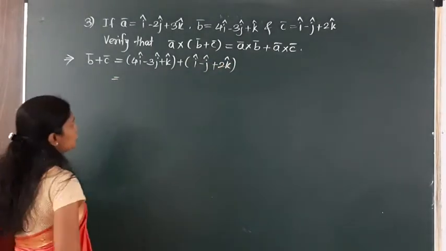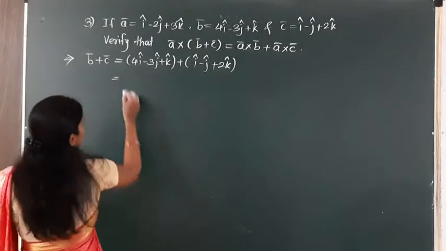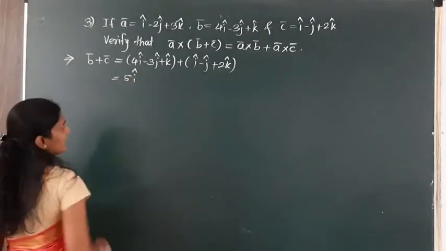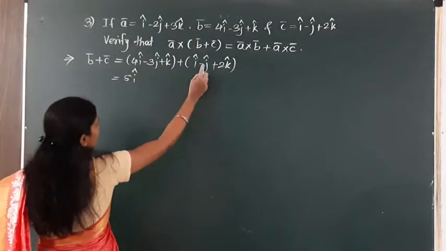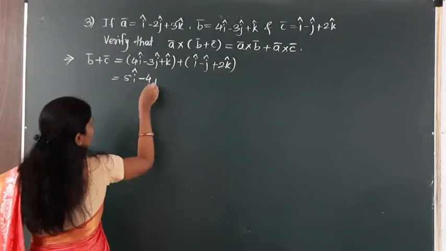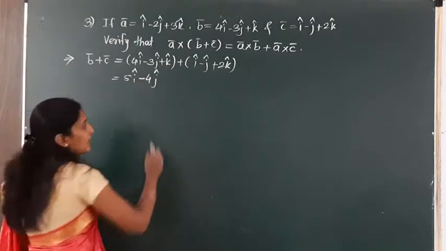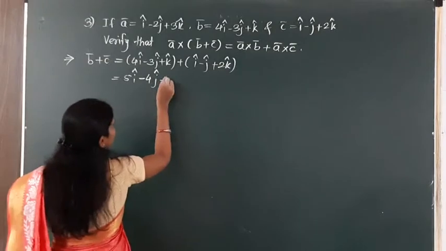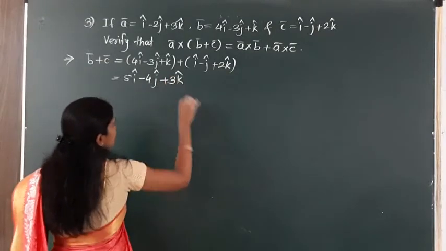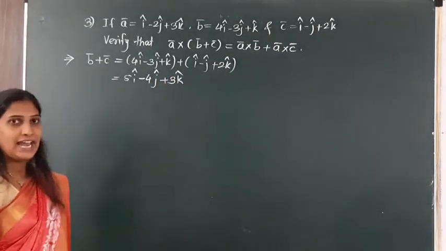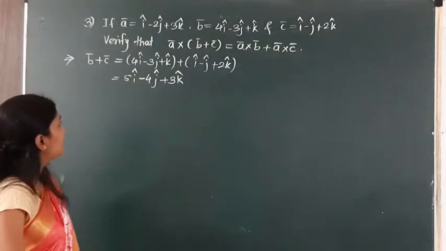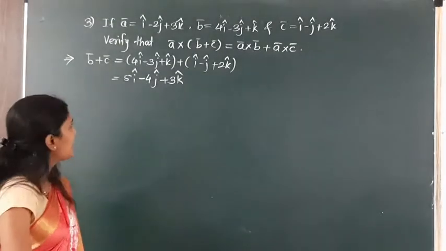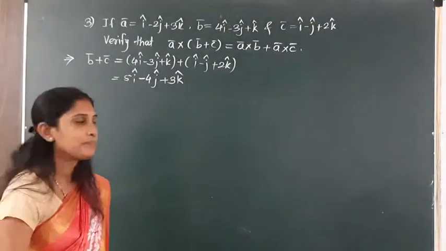Now make the addition: 4 plus 1 is 5i cap, minus 3 minus 1 is minus 4j cap, and 1 plus 2 is plus 3k cap. Its addition is 5i cap minus 4j cap plus 3k cap.